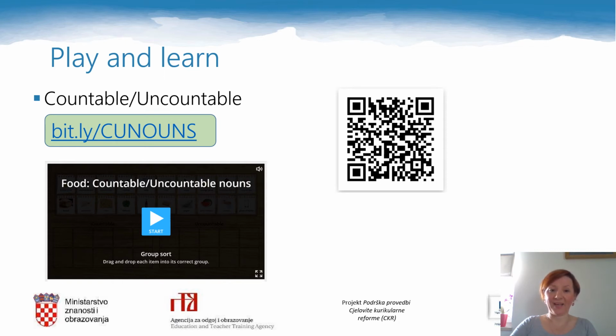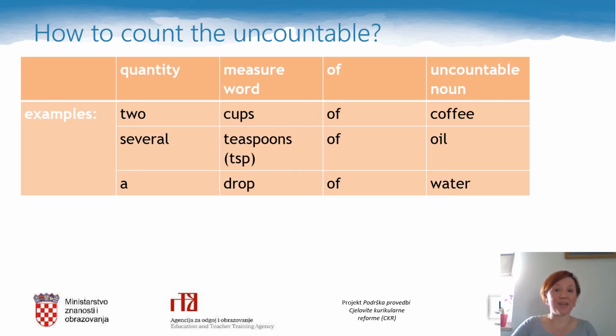Countable, uncountable nouns. As I mentioned earlier in the lesson, there is a way to count the uncountable words, but we have to know how. What we have to do, we have to sort of put them in a container. We have to use a measure word in front of them, and then we can count them.